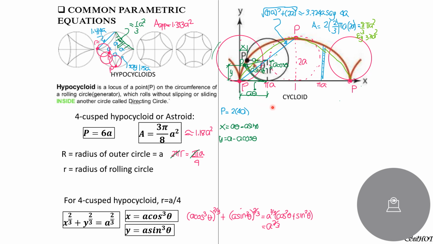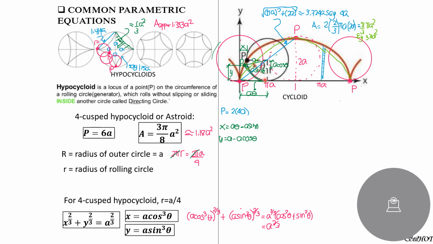Then to derive the parametric equations, we have here the center of the circle. This is the radius of the circle, which we denote a. The radius of this rolling circle is a, and this is also a, and it subtends an angle. This angle is theta, so the length of this green curve on the rolling circle is radius a times theta.